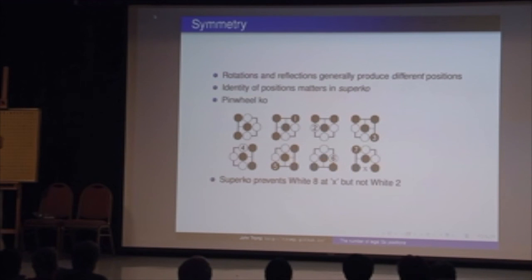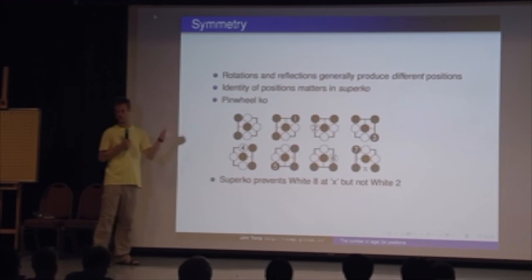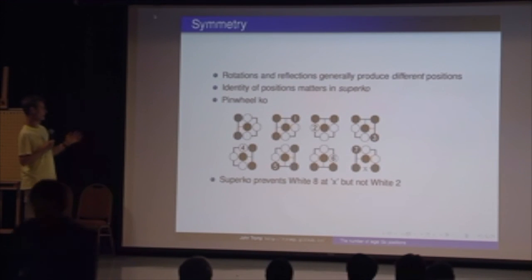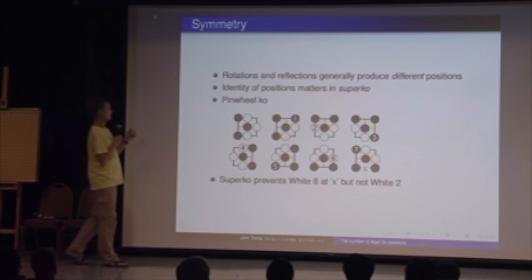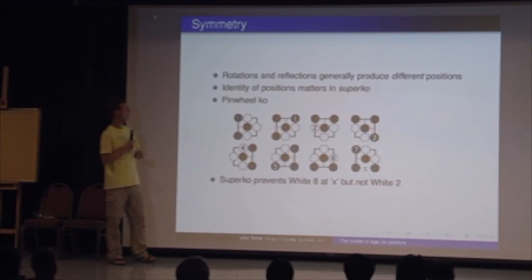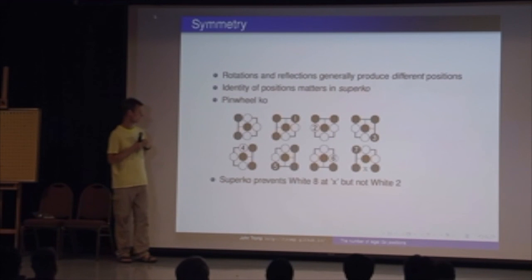Now, the question that often comes up is, do I consider rotations, do I count those separately or not? Well, rotations and reflections generally produce different positions. And where this matters is in the superko rule.